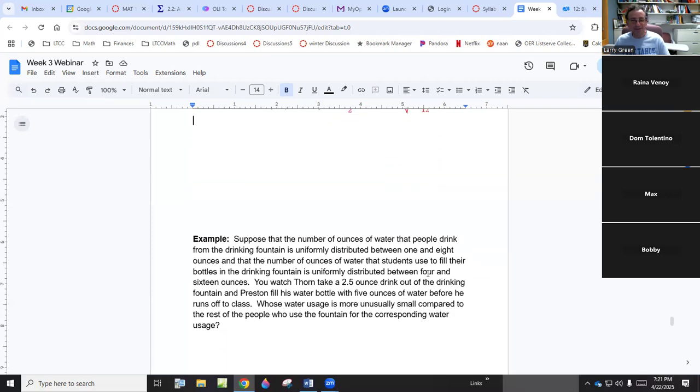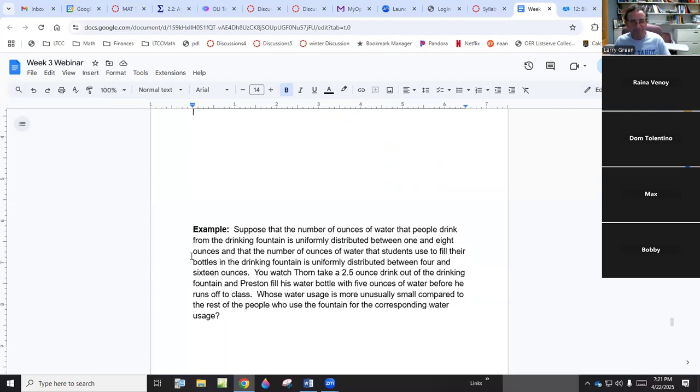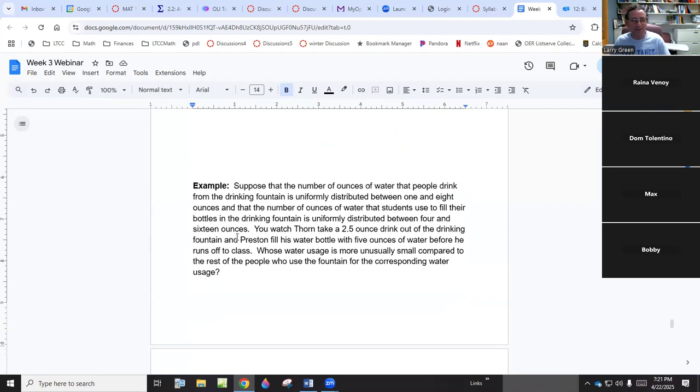So now let's do an example. Okay, so there's a kind of long paragraph. Suppose the number of ounces of water that people drink from a drinking fountain is uniformly distributed between 1 and 8 ounces. And the number of ounces of water that students use to fill their bottles.